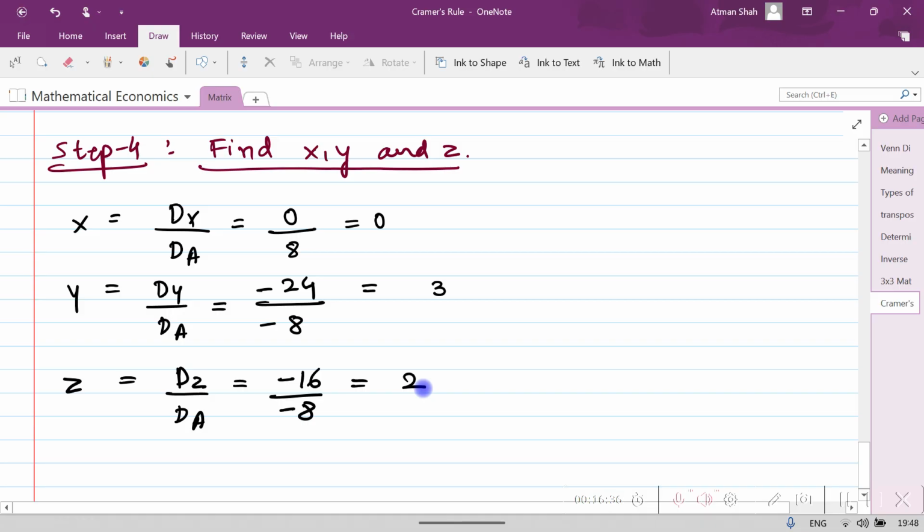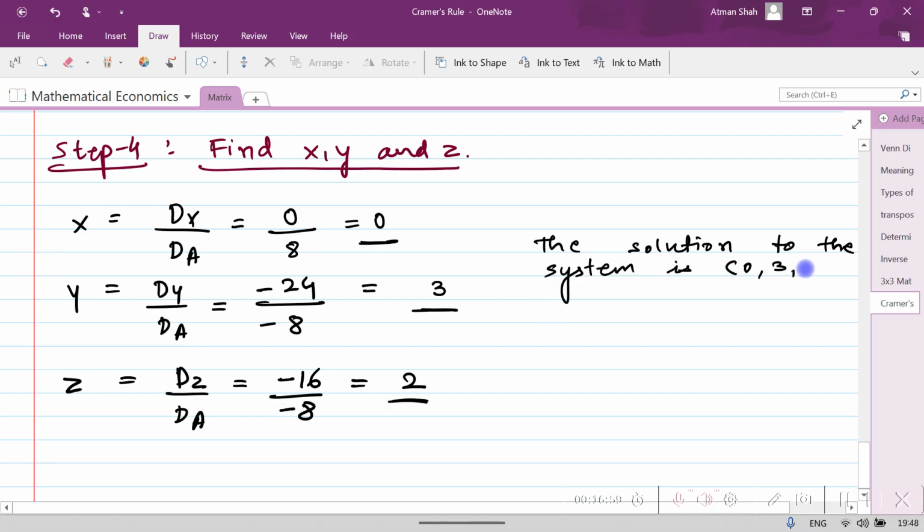So x is 0, y is 3 and z is 2. So the solution to the system is 0, 3, 2. This is how we write the solution.